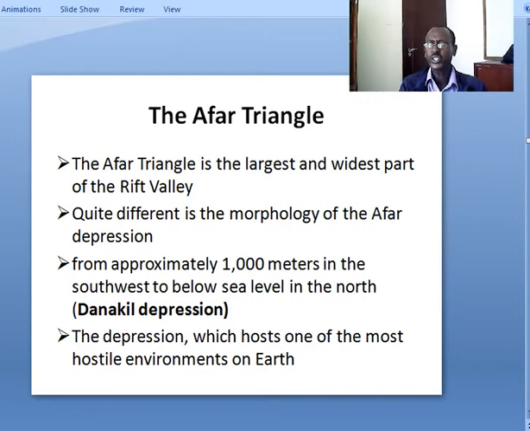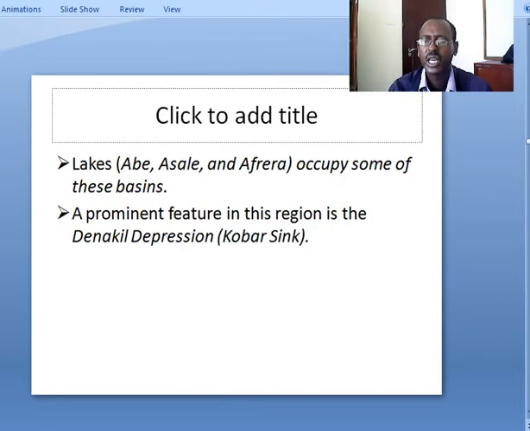The depression hosts one of the most hostile environments on earth, so life is very difficult. Lakes Abe, Asale, and Afera occupy some of these basins, and a prominent feature in this region is the Danakil depression, or what we call the Kobar Sink.